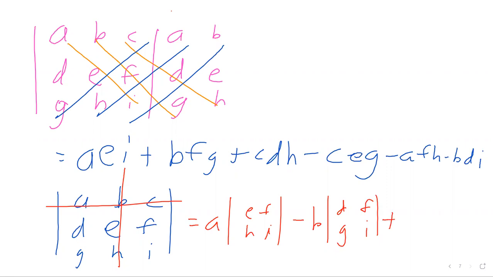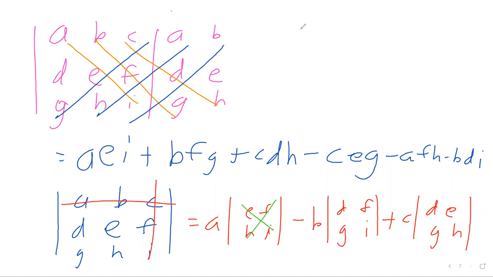Then we're going to redo it again. This time we'll cross out the C's, and it's C times the determinant of what's left. Now notice what we do in each of these. So we have an A times EI, got it, minus an A times FH.